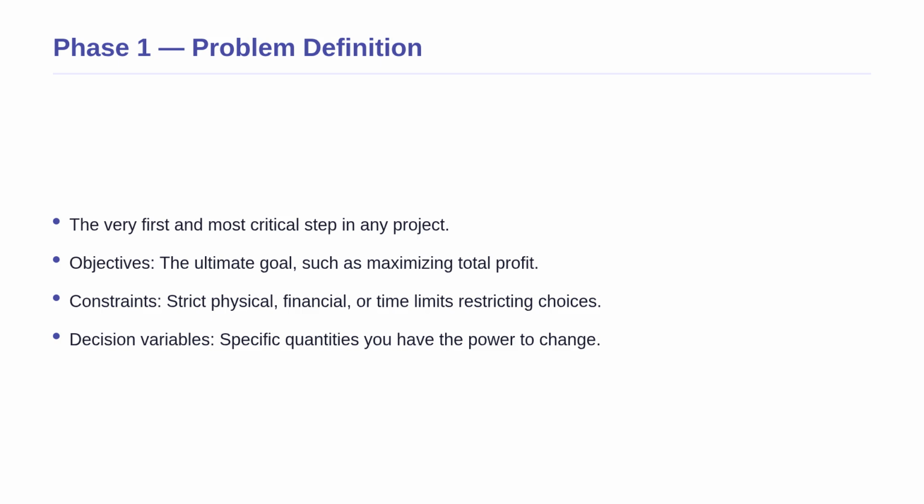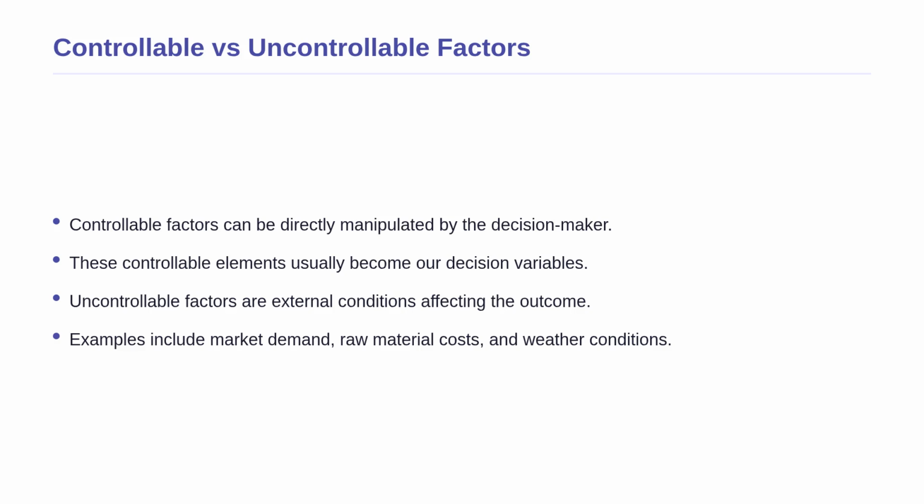While defining the problem, we must also make a crucial distinction between what we can and cannot control. Controllable factors are the elements that the decision maker can directly manipulate. For example, the number of workers you schedule for a shift is controllable, and these usually become our decision variables.